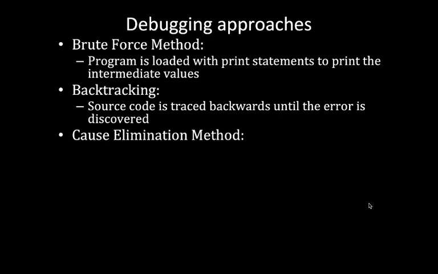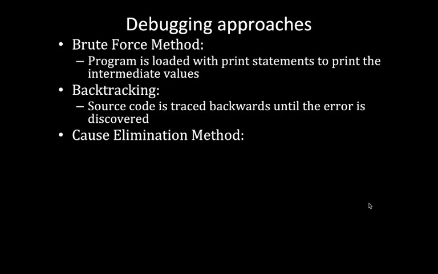Then the third method is known as the cause elimination method. In this approach, once a failure is observed, the symptoms of the failure are noted. Based on these failure symptoms, the causes which could possibly have contributed to the symptoms are found out, and we develop some test cases to eliminate those causes.